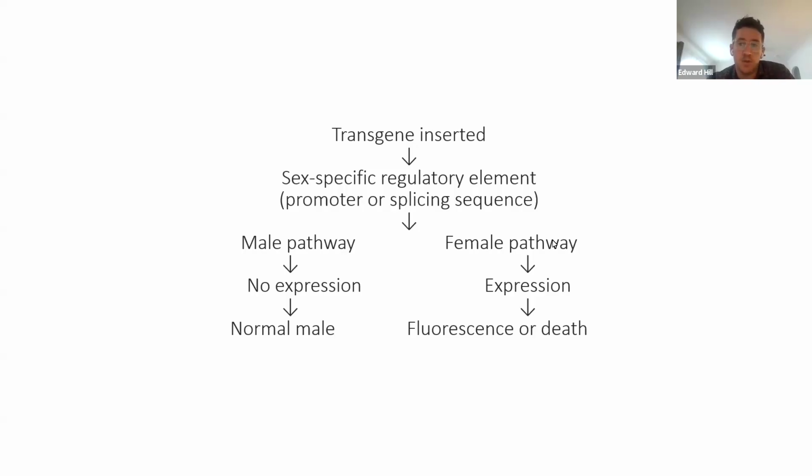That difference can be used to create a visible marker such as fluorescence, which we can easily separate with optical separators if the New World screwworms fluoresce differently, or to selectively eliminate females altogether. Basically you could create a transgene that is lethal to females because they alternatively splice the gene differently than males, for example.